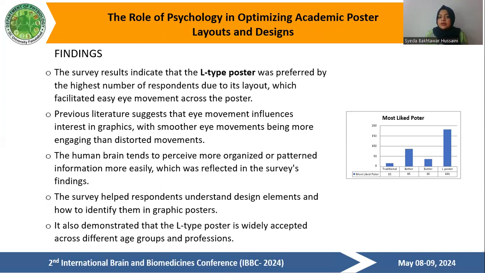The survey results indicate that the L-type poster was preferred by the highest number of respondents due to its layout, which facilitated easy eye movement across the poster. This is the main problem of information flow which we addressed, and we had to achieve this objective. Ultimately, in our finding, we found that the L poster was the better one for this.